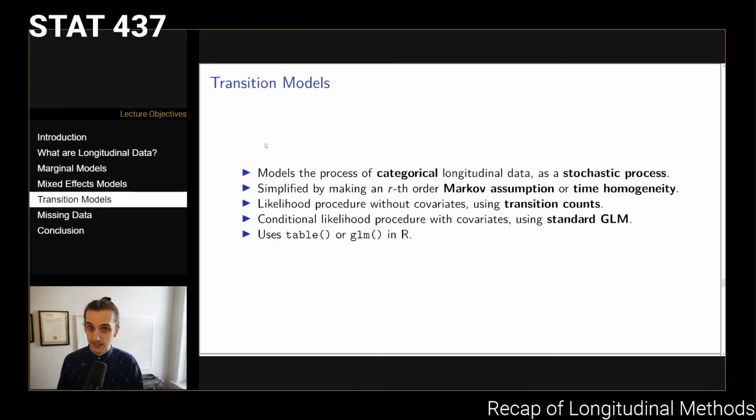In R, in order to estimate them, we can make use of the table function, which just summarizes the transition counts, or we can use the glm function. And we're going to need to create the correct lagged series and set up our data to be exactly right with that. But overall, they're using those standard built-in tools.